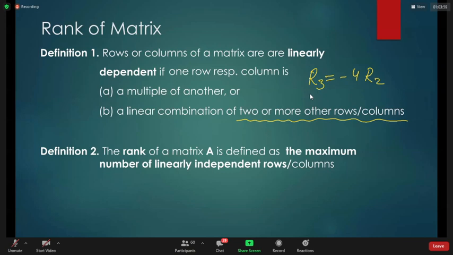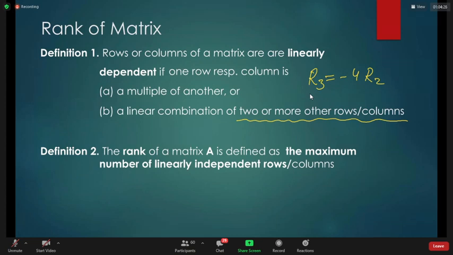That would be adding 2 or 3 rows multiplied by numbers. So linear dependence means I can eliminate 1 row using others. And the rank of the matrix is defined as the maximum number of linearly independent rows.